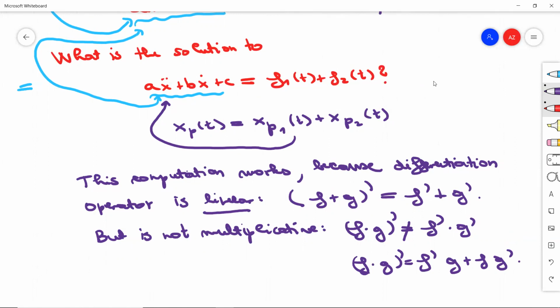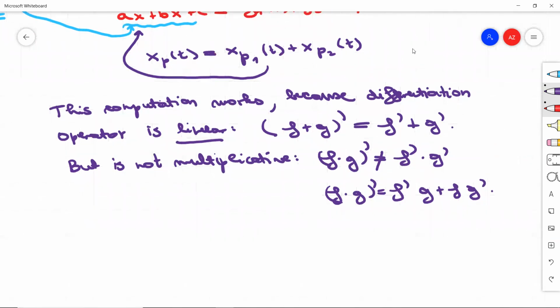So those are trivial things, but why am I mentioning them? We can use this for solving differential equations when we have sums of functions on the right-hand side. Let's say that we have a differential equation, and on the non-homogeneous part we have sums of different functions.